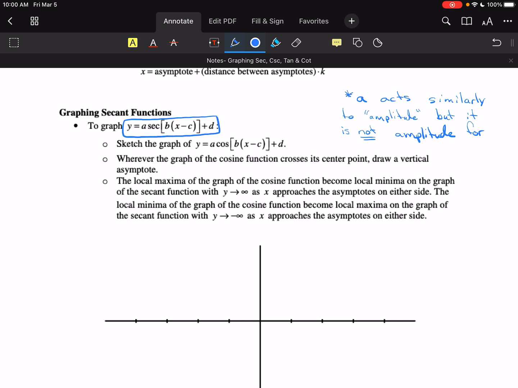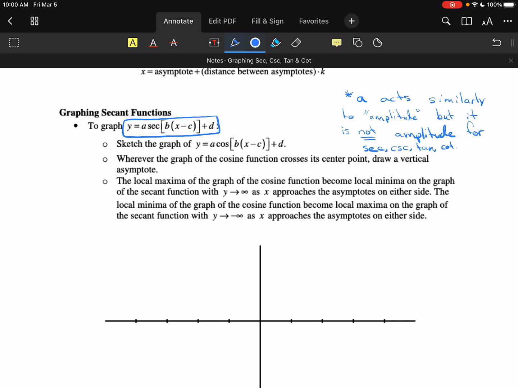And that's the case for all four of these functions we're going to look at: secant, cosecant, tangent, and cotangent. We're still going to identify what A equals and use that to help me graph, but we're not going to call it amplitude anymore because it's not an amplitude.